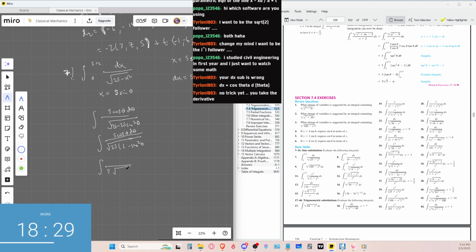And then we have cosine squared down here.